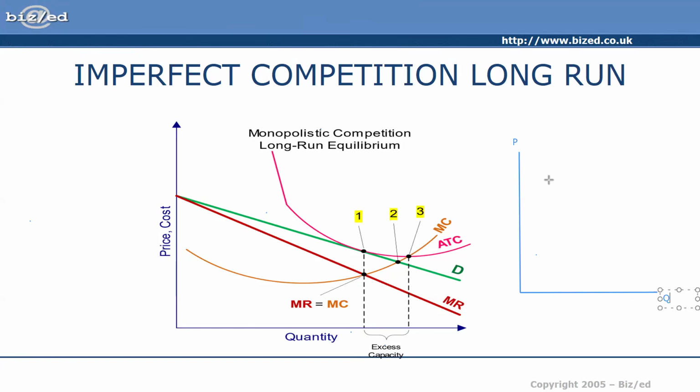Your demand curve is still downward sloping and still equal to your average revenue. The marginal revenue is still downward sloping as well, under the demand curve. The marginal cost still looks like a tick, a check mark sign.